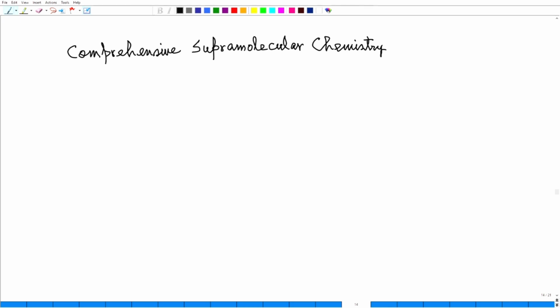The first one was published by Pergamon Press. This book will give you the synthesis of all these compounds that I have discussed so far.